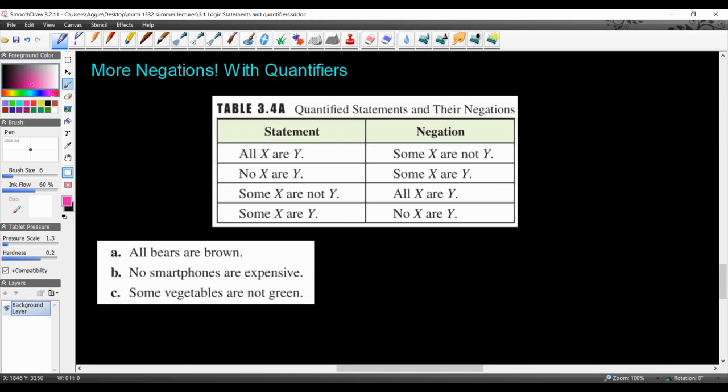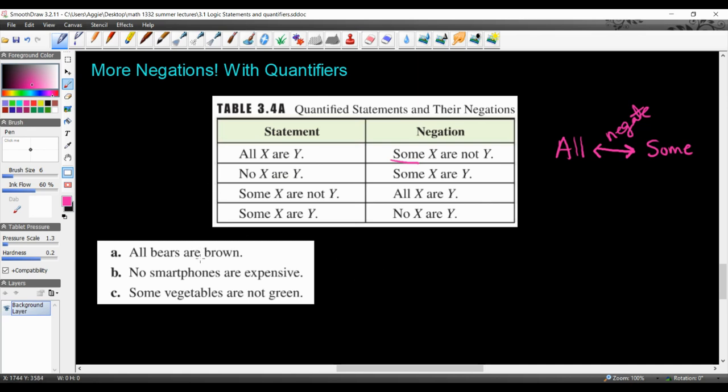If we have a statement that says all of this is true, to do the opposite, you say some. So the negation of all is some. And to negate some, we say all. That's the basic idea.